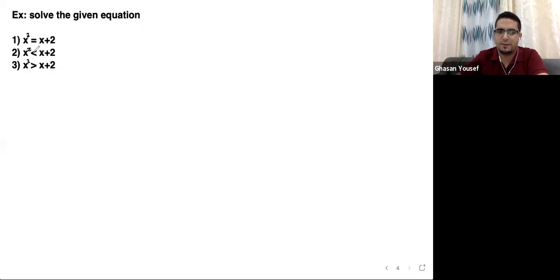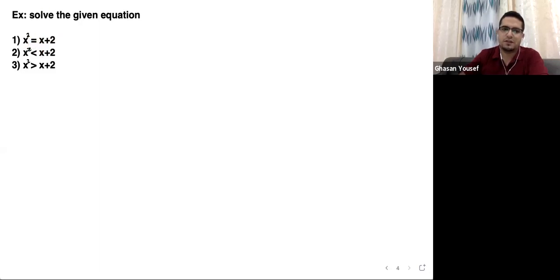Also this one, x plus 2, is a linear function. We graph this one a lot. The slope is positive 1, and the y-intercept is, what is the y-intercept for this one? It is 2.